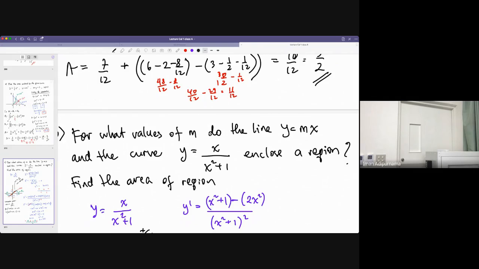To draw the curve, this question is a little bit more complex. So you need to be able to see what kind of curve you will have. So this y equal x over x squared plus 1. What kind of curve? So the first thing you can do is check with the application of derivative, chapter 4, calculus.